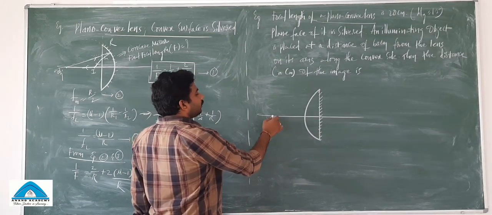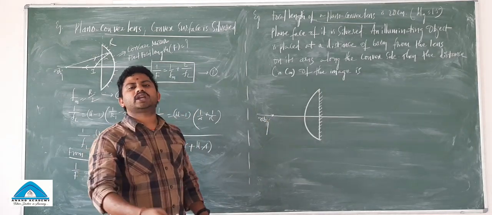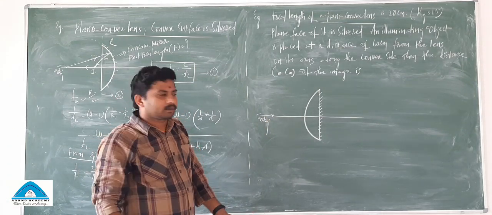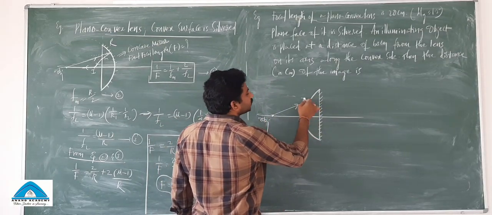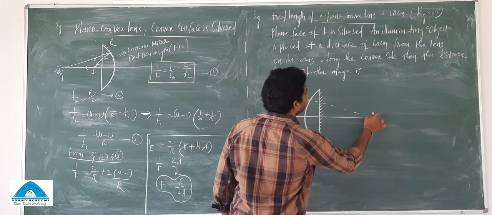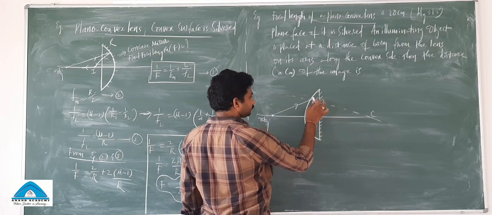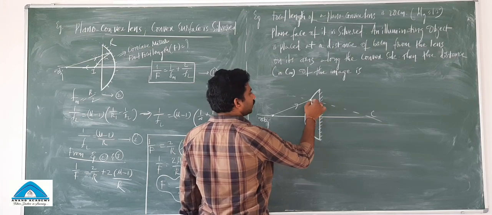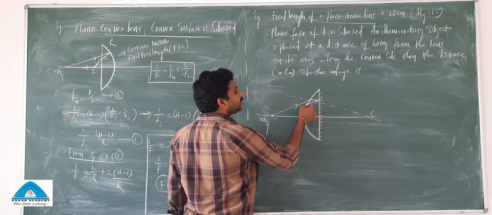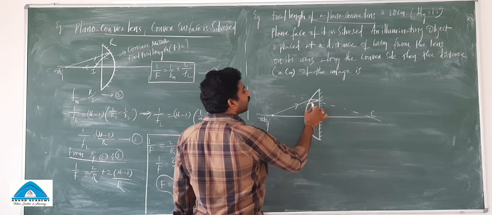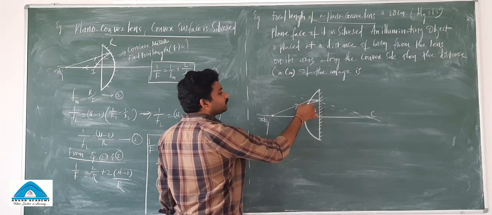Now, there is an object here. I am just checking whether this will behave as a concave mirror or convex mirror. A light ray is incident here. The normal line will pass through the center of curvature here. Light is bent towards the normal. According to the laws of reflection, it will bend here. Again the normal line is here.